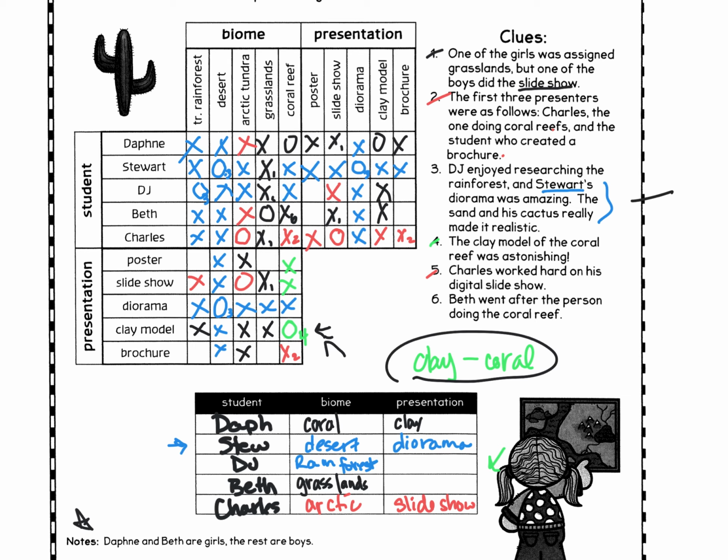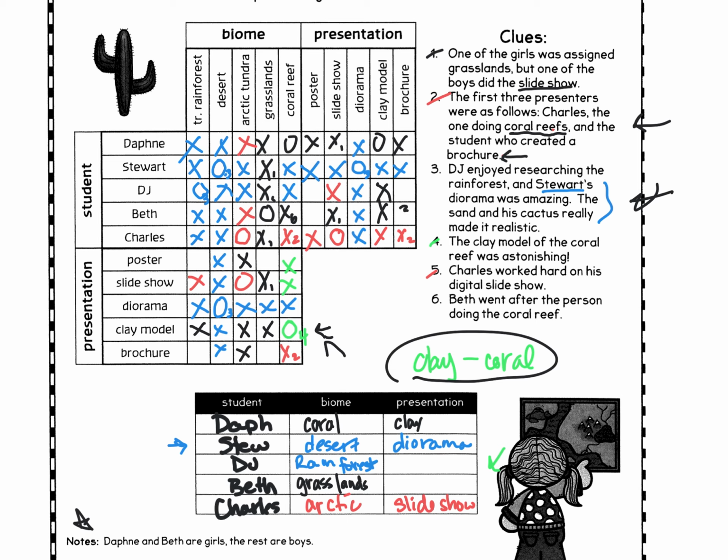Okay, and back to this clue again. No, wait, this clue right here. It said, number 6 said Beth went after the person doing the coral reef. All right, so the person doing the coral reef, then the next person is the one who made the brochure. So Beth had to make the brochure.